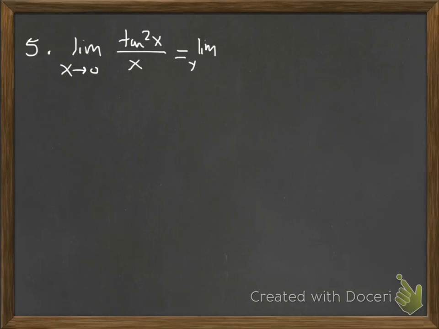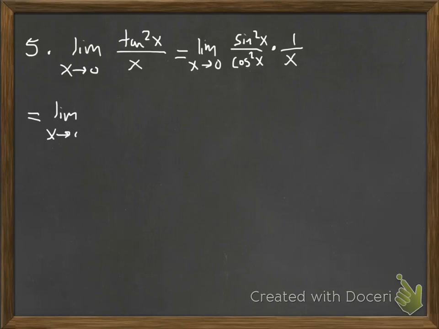Okay, so we're going to rewrite this. So it's just going to be sine squared x over cosine squared x, and then the 1 over x. And then what I'm going to do here is I see I almost have the sine x over x bit, and that x in the denominator is kind of giving me some problems. So if I can put a sine x on top of it, then I know what that limit is.